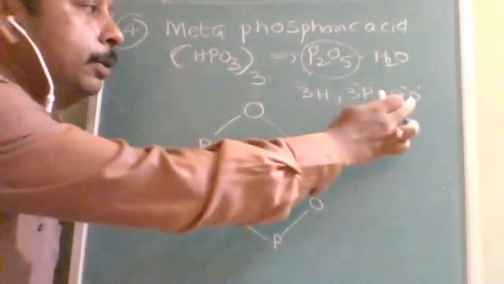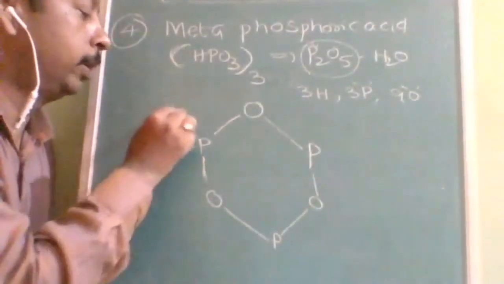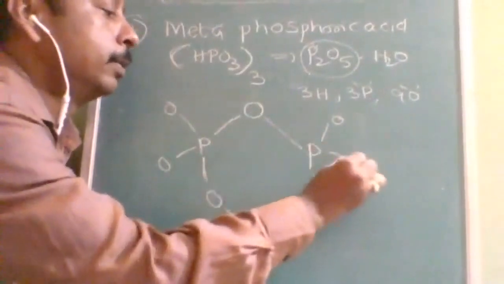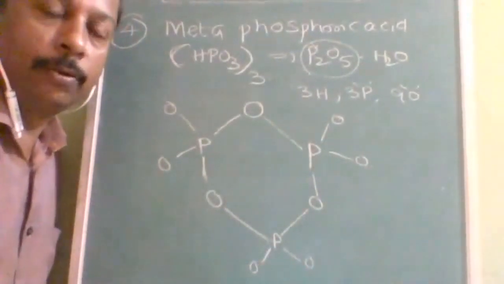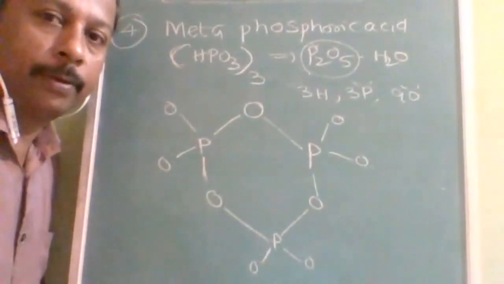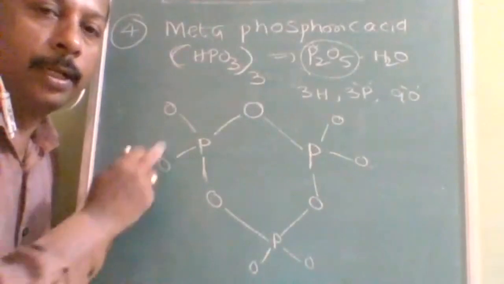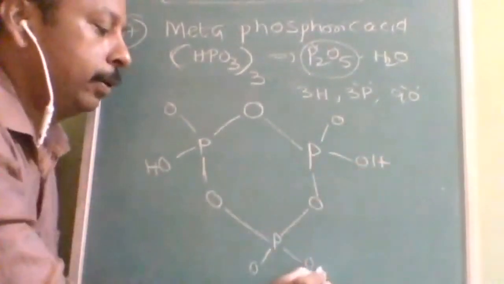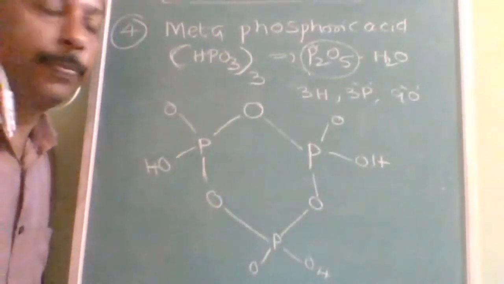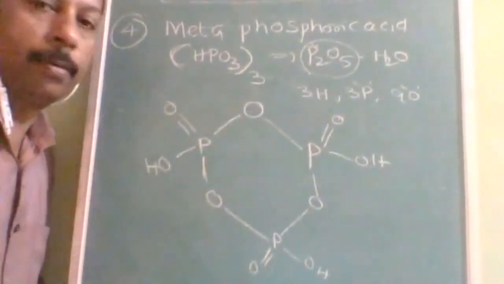We got 6 oxygens, 3 phosphorus, so try to give each phosphorus 2 oxygens, so that nobody should be in excess. And 3 hydrogens are there. Bonds are over, so I will give 1 hydrogen to 1 oxygen. So this will be a double bond, this will be a double bond, this will be a double bond.